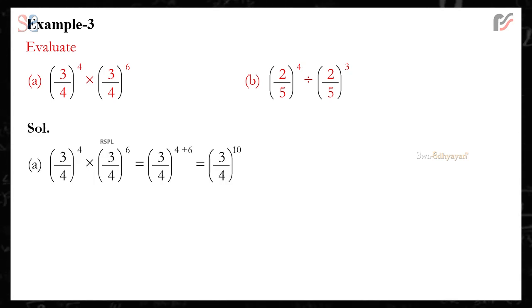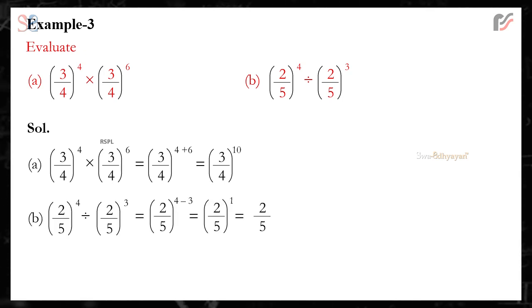A. (3/4)^4 × (3/4)^6 is equal to (3/4)^(4+6), which is equal to (3/4)^10. B. (2/5)^4 ÷ (2/5)^3 is equal to (2/5)^(4-3), which is equal to (2/5)^1, which is equal to 2/5.